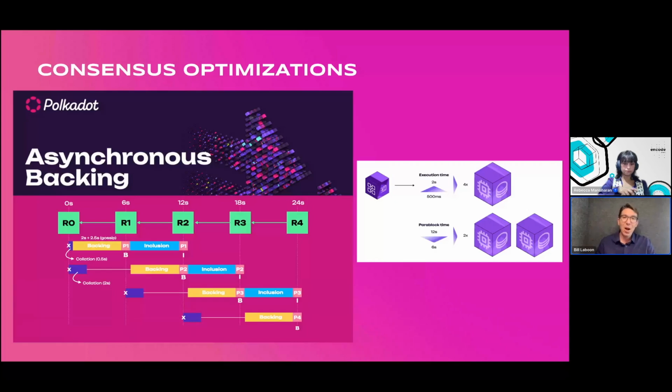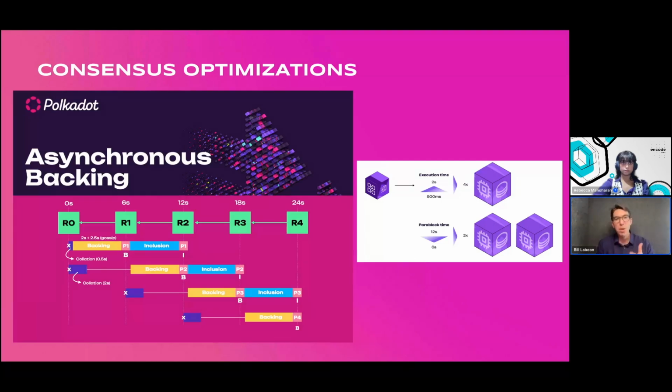But now, just like there's a difference between block production and block finalization in Polkadot, or if you're familiar with something like Bitcoin, you can see a transaction 1 block in, but you wait for 6 blocks before you say that it's finalized. We have a more complicated version of that.